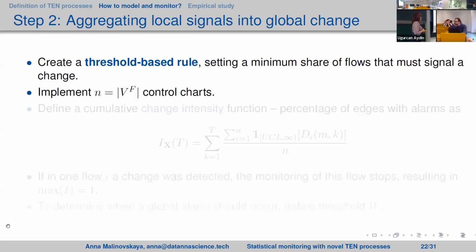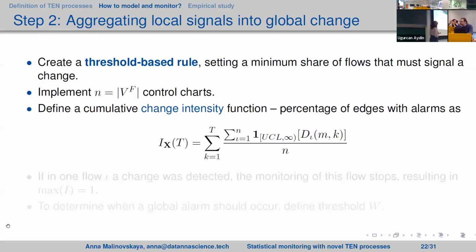We have these n control charts, equal to the number of flows, and we create a cumulative change intensity function that collects all these signals cumulatively over all the timestamps in phase 2.